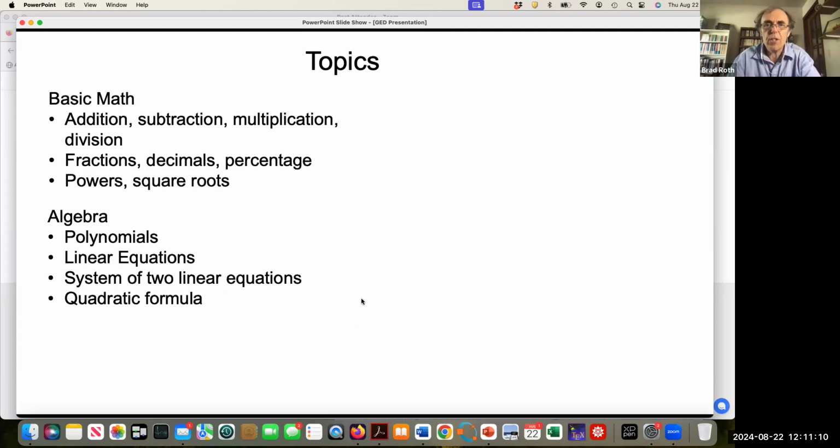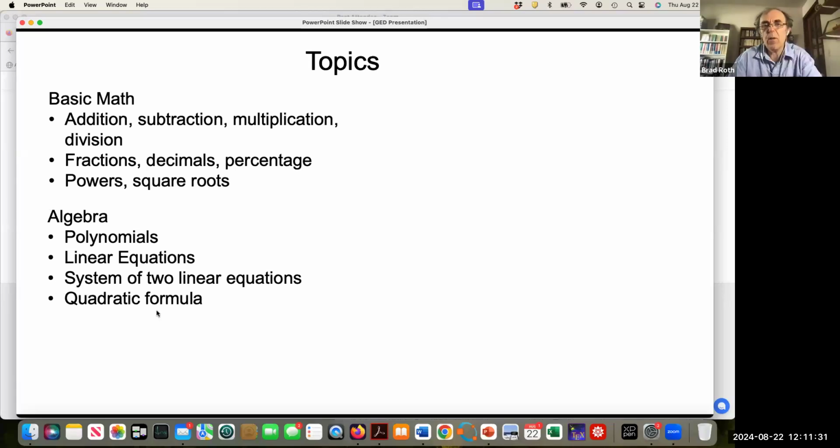Those linear equations you need to be able to solve. And then there's going to be sometimes systems of two linear equations. A linear equation on the xy axes can be represented as a line. A system of two linear equations is two lines that intersect, and you're trying to find the point of intersection. So that's one of the harder types of problems they have.